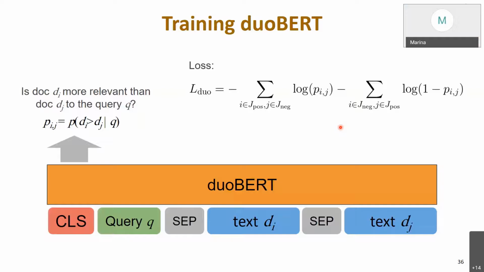We are not using MonoBERT to fine-tune the BERT. But the same relevance judgments, the same documents and the same data set that we are using there, we are using here. The difference is that there I pass one document, here I pass 2 documents. Exactly. Yes. Any other questions?